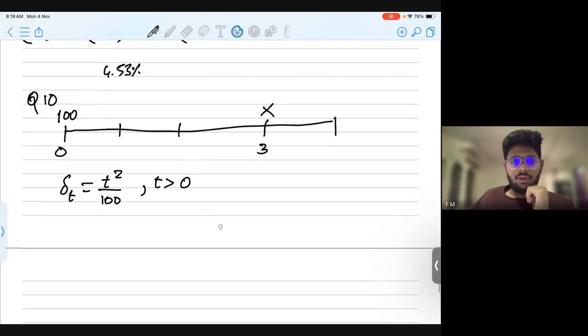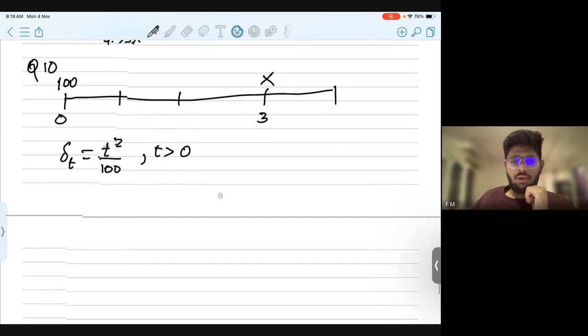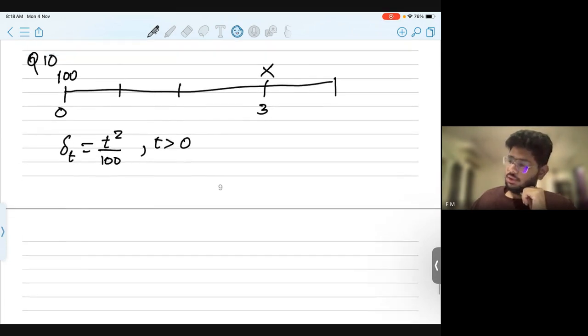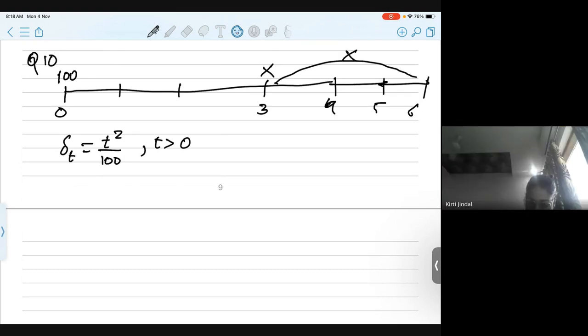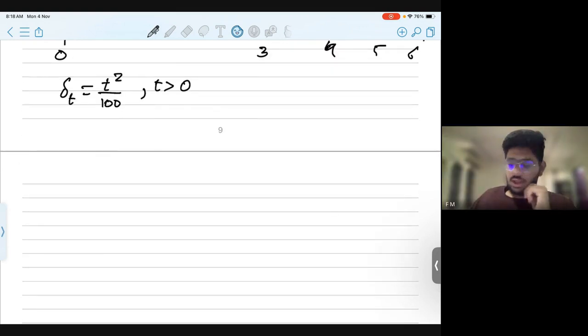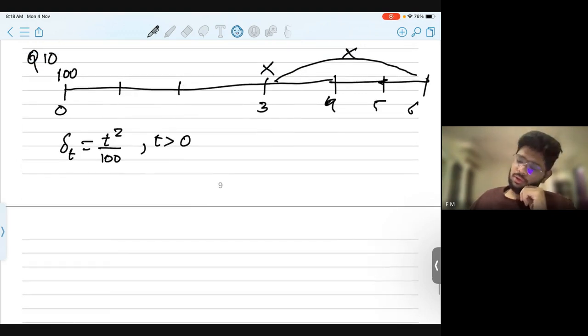The amount of interest earned from time 3 to time 6 is also X. The interest earned is X. Okay. Calculate X. In this question also we have done.